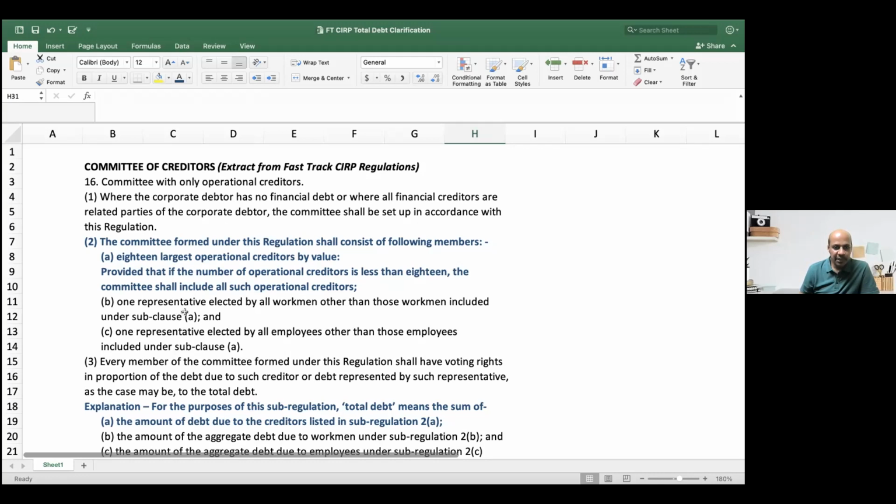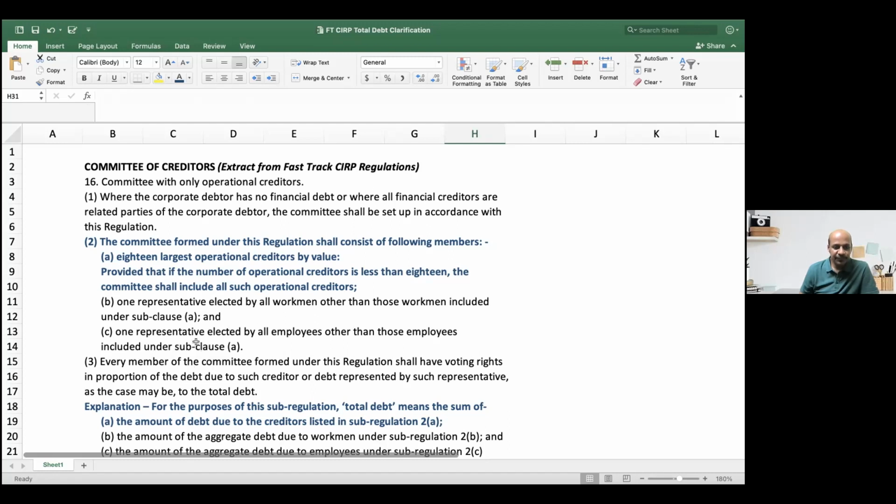Point number B is one representative elected by all workmen other than those workmen included under subclause A. Other than those, which means if any workman is not included as part of operational creditor, then one representative for all these workmen will be part of the COC.